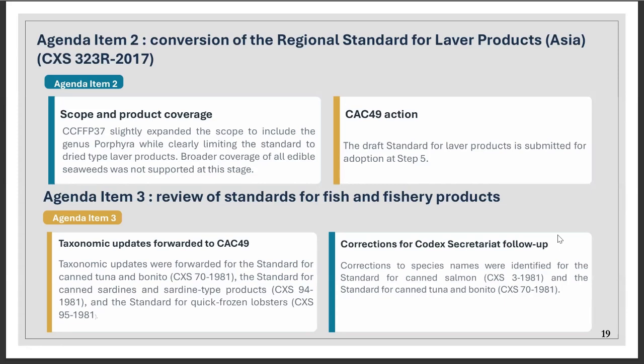And the third item, which is revisiting the fish and fish products to be referred to CAC 49 for several standards of fish and fish products, including tuna, and for the canned sardine and sardine type products, in addition to the standard for quick frozen lobsters.